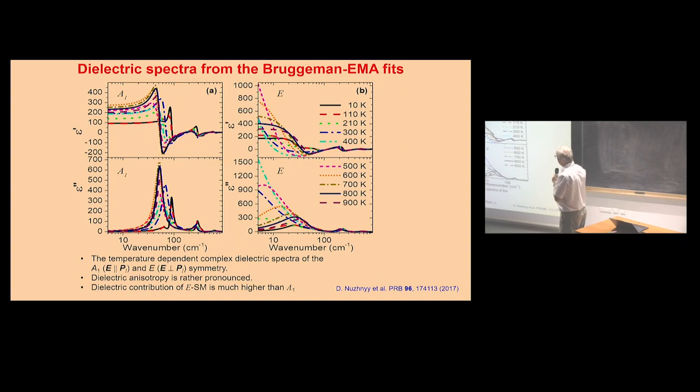And what we obtained is a dielectric response, real and imaginary part, along polarization. You can see, let's say, a peak here, slightly softening on cooling. And in the AB plane, the E mode symmetry shows dramatic softening on cooling to 400 Kelvin.